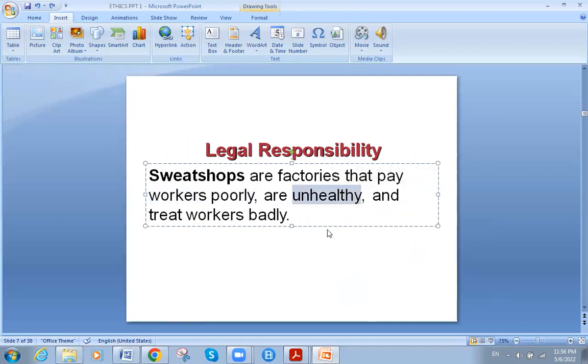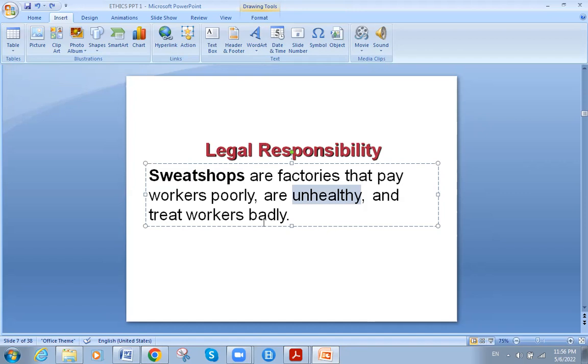Unhealthy is very clear. It means that inside the factory itself, there is not enough ventilation. It's very crowded. Workers don't find a place to stand, or maybe the machinery used can cause injury or wounding to any of them. So all these are other problems.